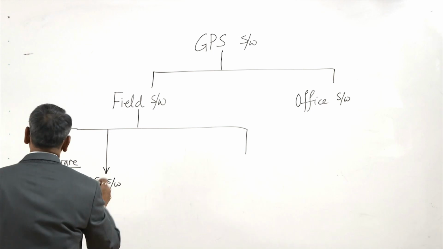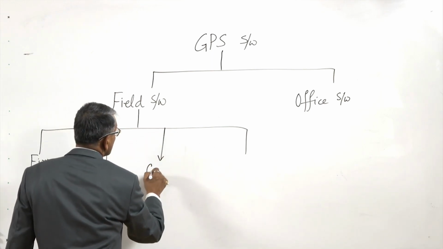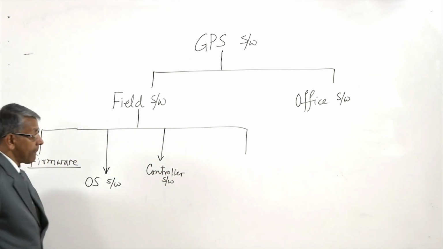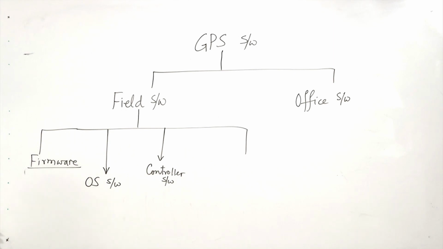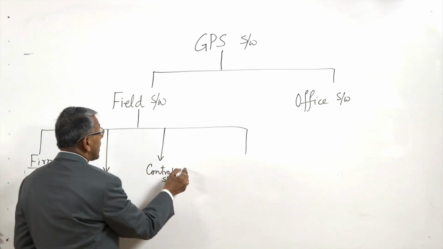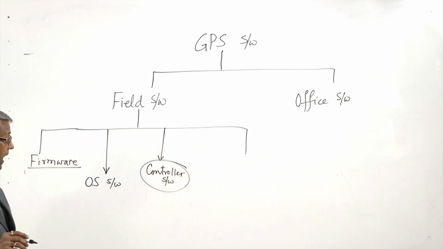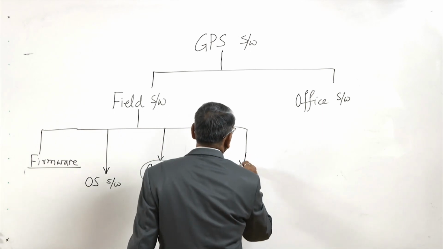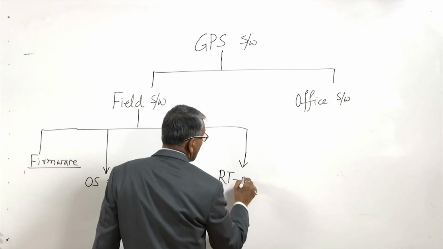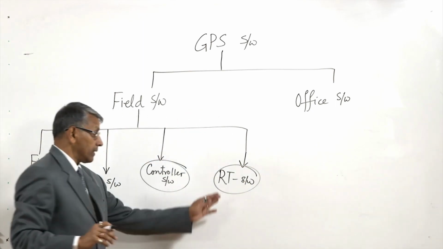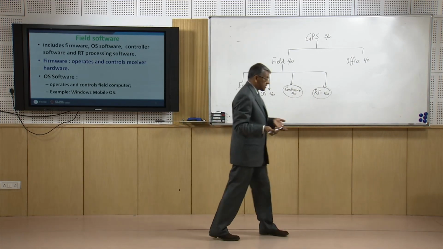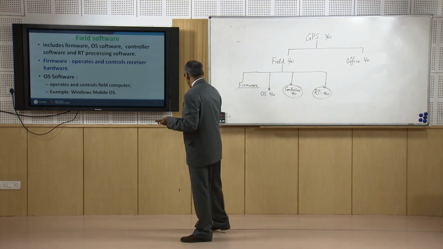Then you will have the controller software, as the GPS receiver also contains a controller to control the different functions. And the GPS receiver also contains the real time software, which will provide the real time position or process the data in real time for different applications.